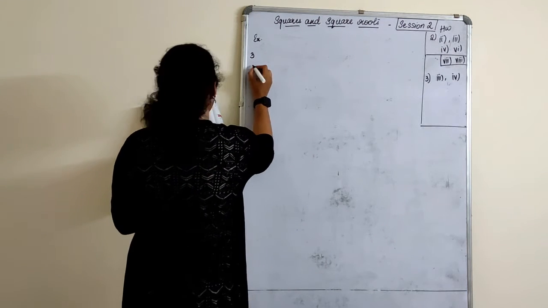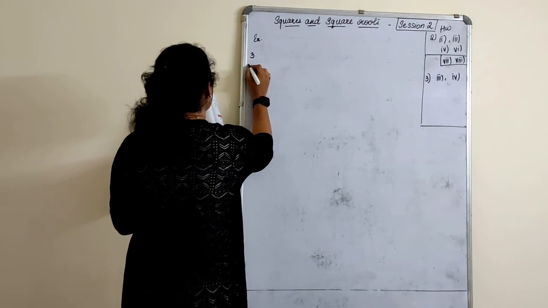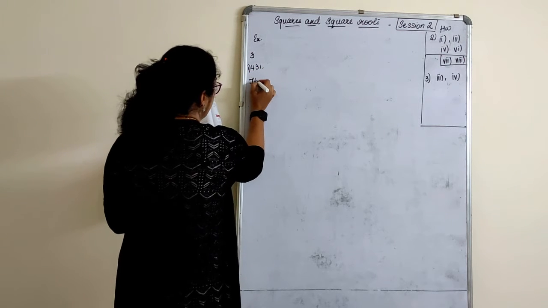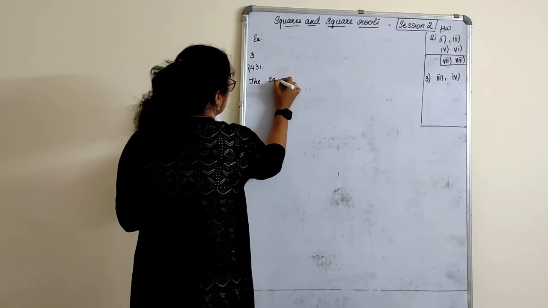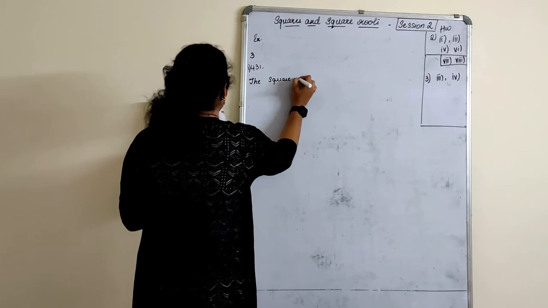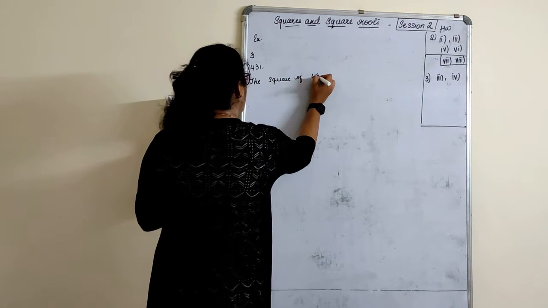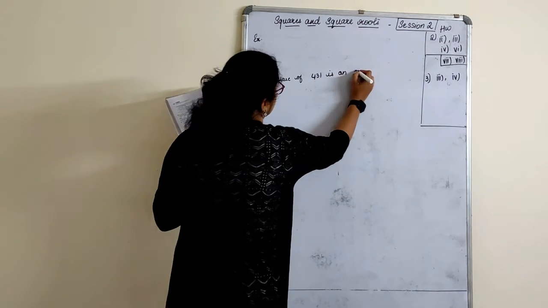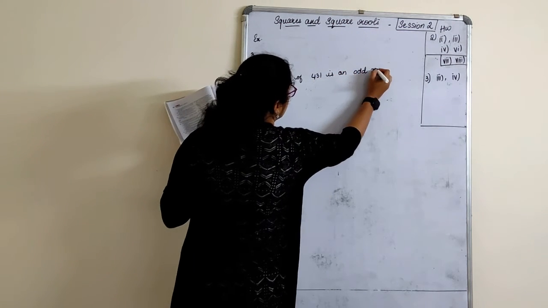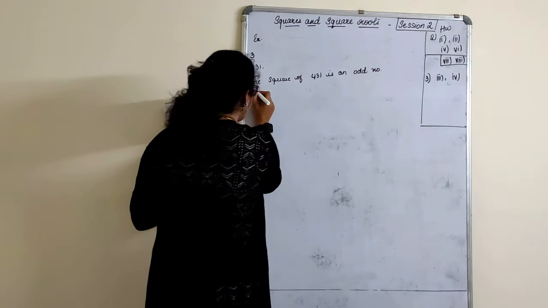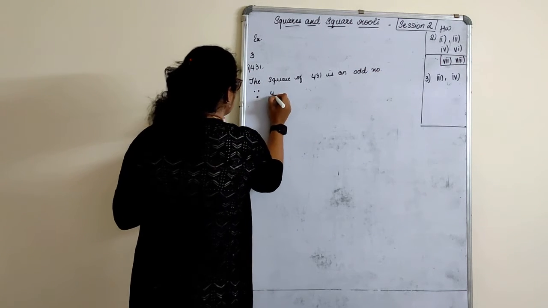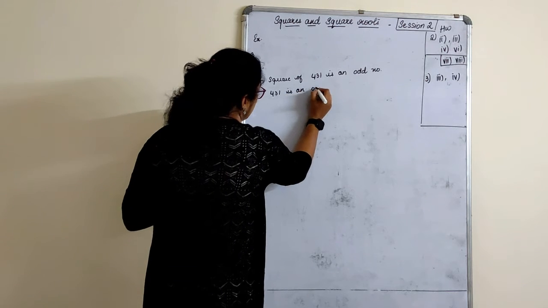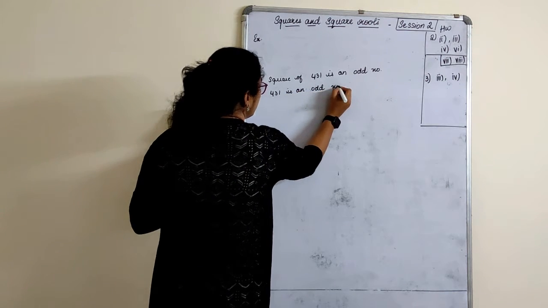So for the first one, the number is 431. The square of 431 is an odd number because 431 is an odd number. That's all.